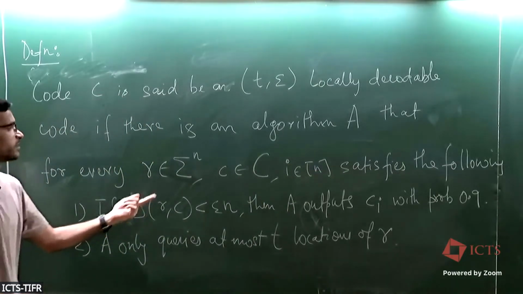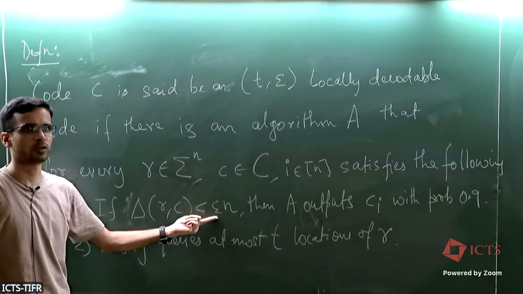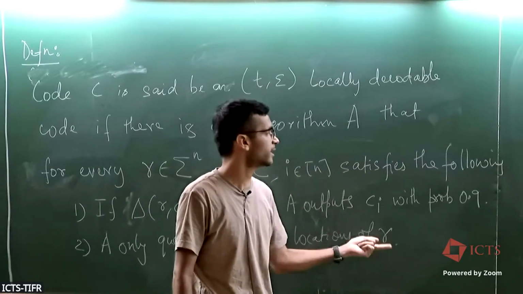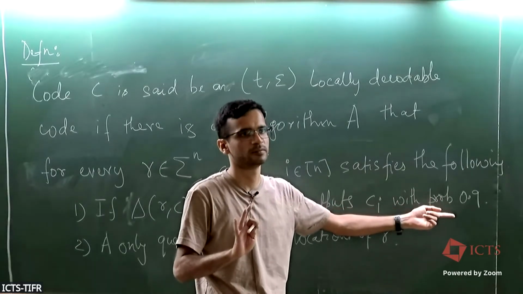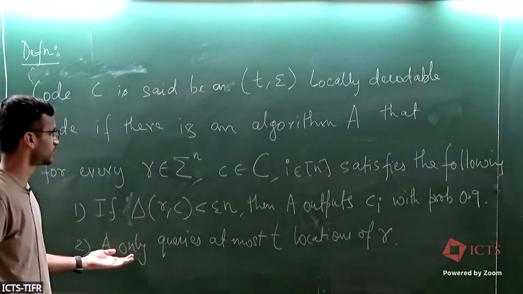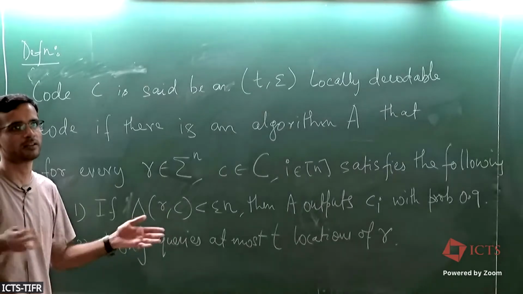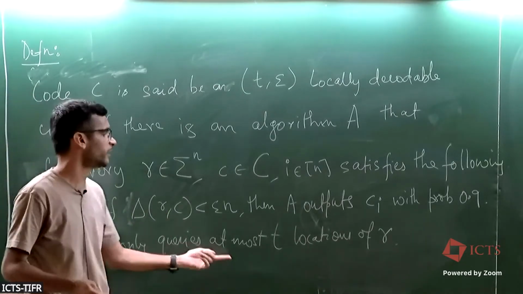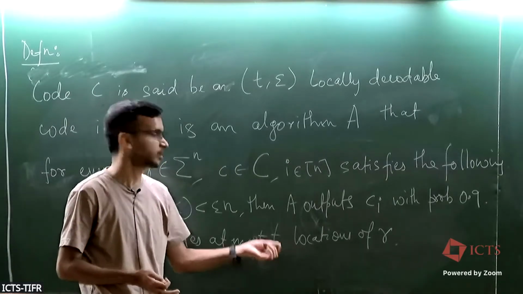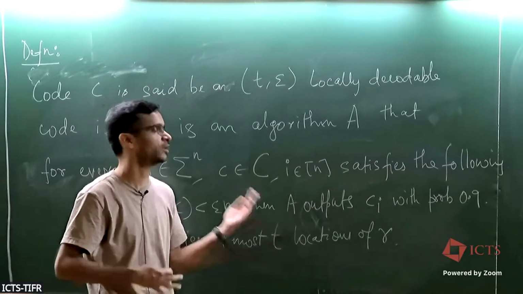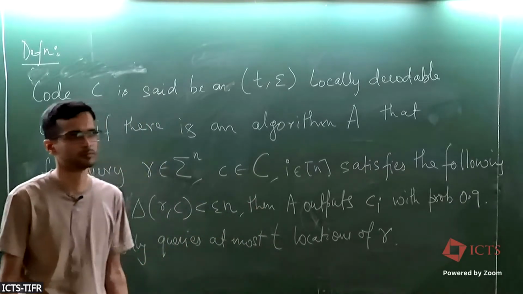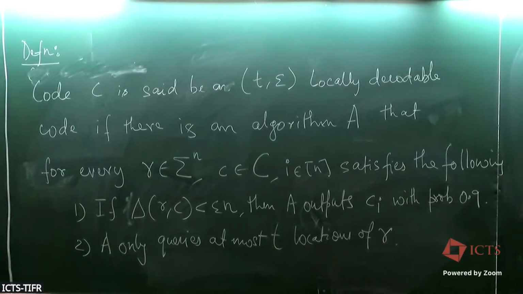The first property is that if R and C are within an error epsilon, then A outputs the ith coordinate of C correctly with probability at least 0.9. The second property is that while in order to do this, A is not allowed to look at the entire received word R. A only has to read at most T coordinates of R. That's the local part of it. It wanted to output local information, so it's only allowed local access to the received word. Is the definition clear?